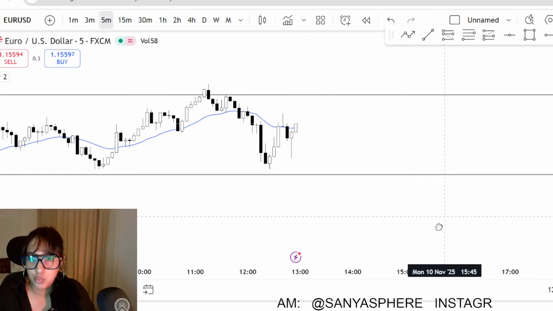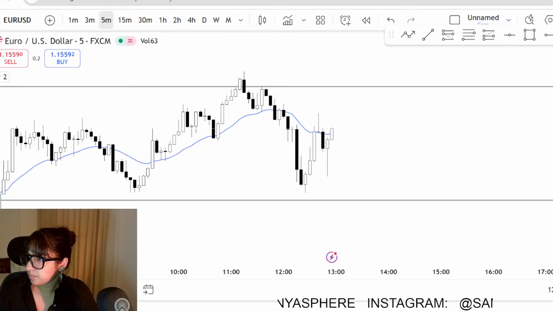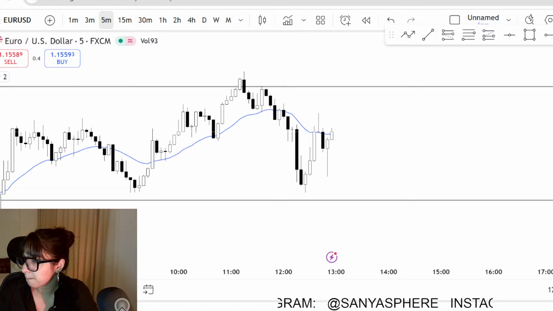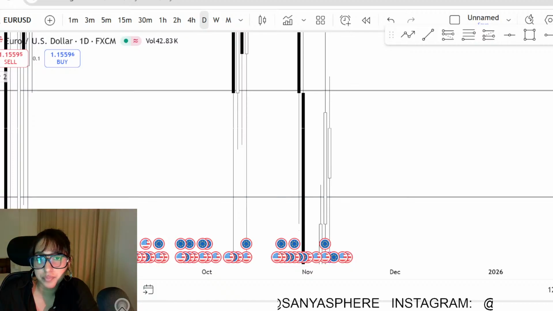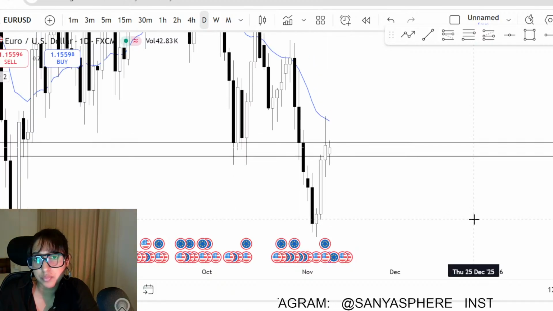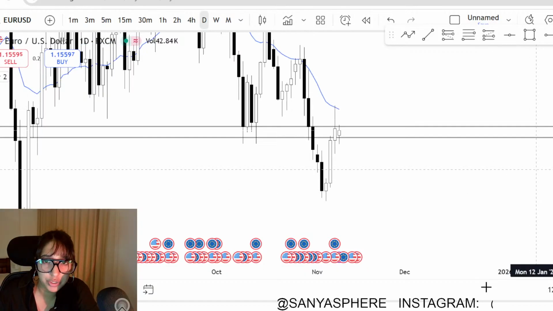Let's see. We'll take the trade according to this range. For me, according to the daily bias, I won't say bullish, neither bearish.